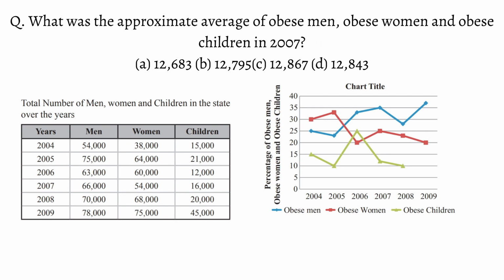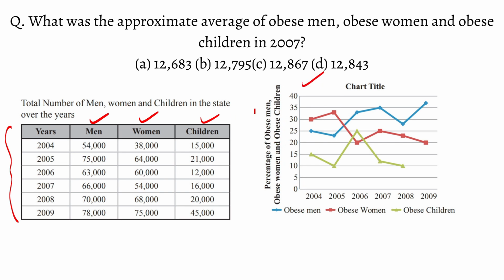What was the approximate average of obese men, obese women and obese children in 2007? So the table gives the total number of men, women and children in the state over the years, and in the line chart, we have the percentage of obese men, women and children.